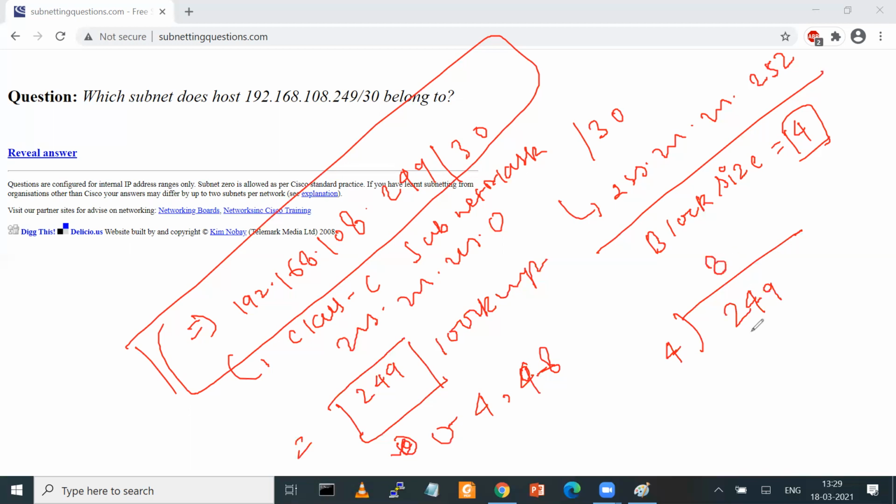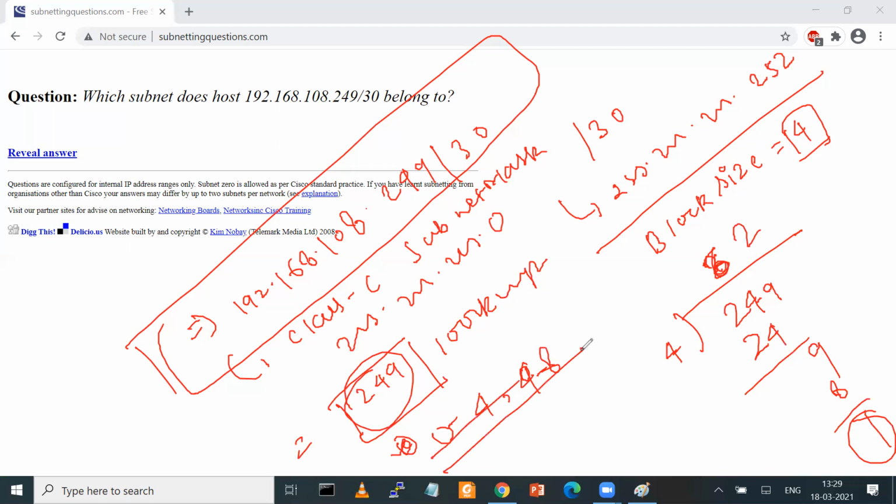In my case, if I divide 249 by 4, 4 sixes are 24 and 9, 4 twos are 8. 1 is remaining. Whatever value remains, we have to subtract from the number. So it is 249 minus 1, 248.